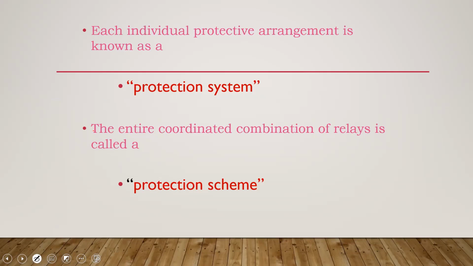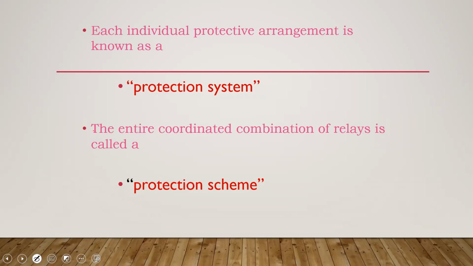When that is now coordinated with other protection systems, then I'm talking about a scheme. So the system represents the individual arrangements, and the scheme represents the coordinated combination of relays.